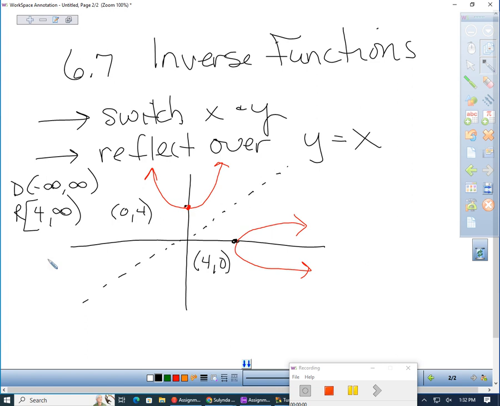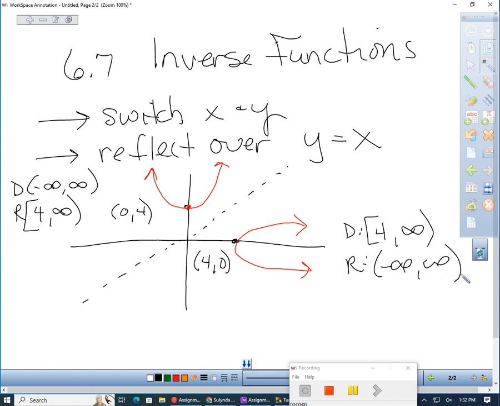Let's talk about that one. First of all, the domain at this one, remember, domain is your x values. It starts at 4 and goes to infinity. The range has arrows going up and down, so the range goes from negative infinity to positive infinity.